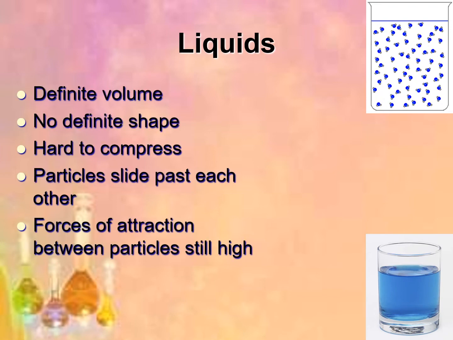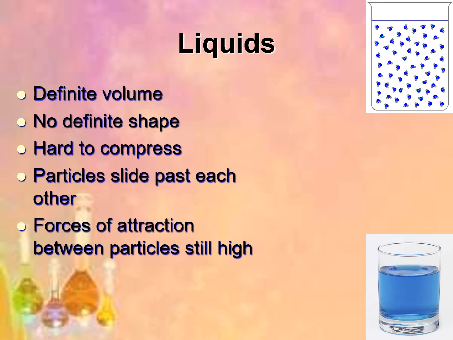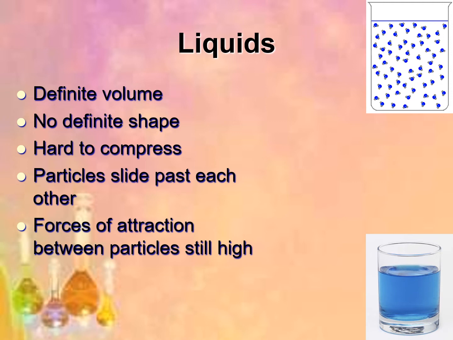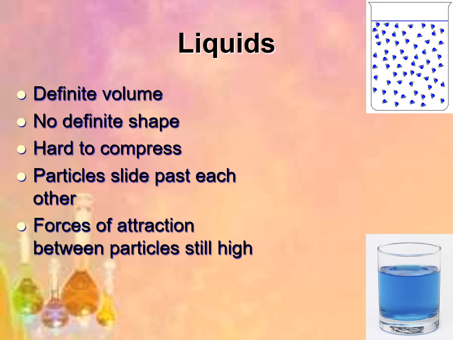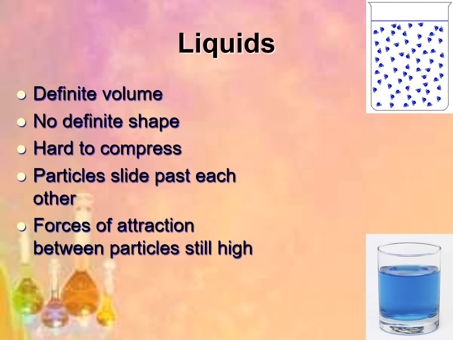On the other hand, liquid has definite volume. Why? Because they can occupy any space of a container, but their shape is indefinite, since they follow the shape of a container. If it is round, they can suddenly be in a round shape, or if it is square, they can be in a square shape depending upon the shape of a container.